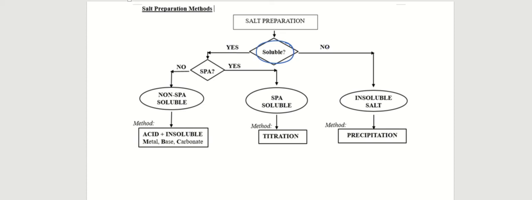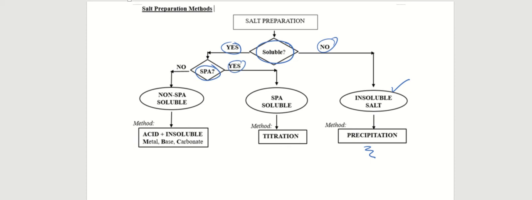If the salt is not soluble, we are talking about an insoluble salt, and the method we use is precipitation. Okay, adding two soluble substances, typically a nitrate and a spa salt, to prepare an insoluble salt. If the salt is soluble, then we ask ourselves one more question: is it a spa salt?